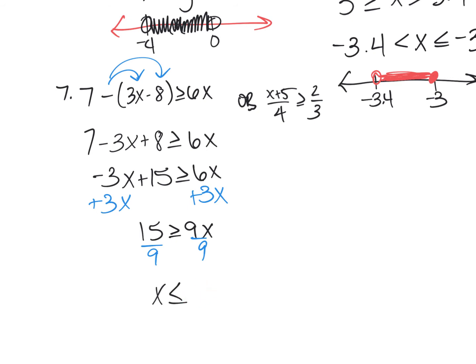And then I reduce that fraction. I can divide them both by 3. So I get 5/3. Now this problem didn't start with fractions or decimals, so the default is a fraction. I don't need to make it a mixed number, but I need to have it as a reduced improper fraction. That's the default.